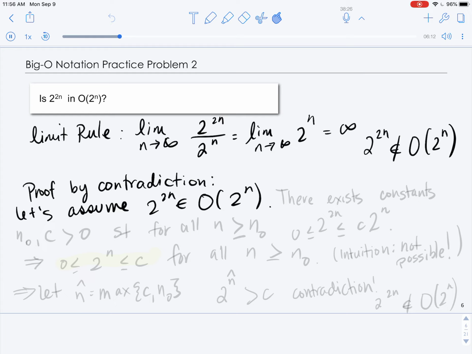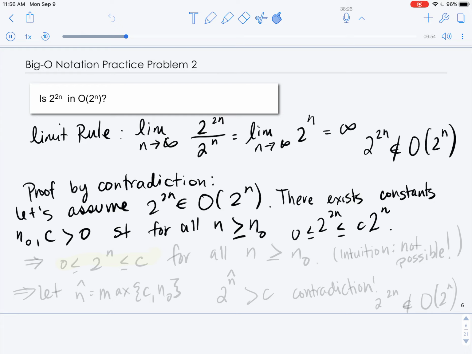If that's the case, then by the formal definition, there exist constants n naught and c greater than 0 such that for all n greater than or equal to n naught, 2 to the 2n is bounded above by this constant c times 2 to the n.